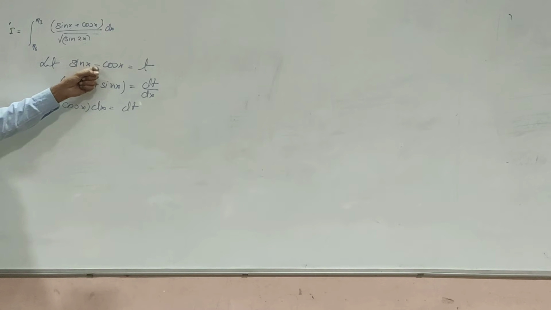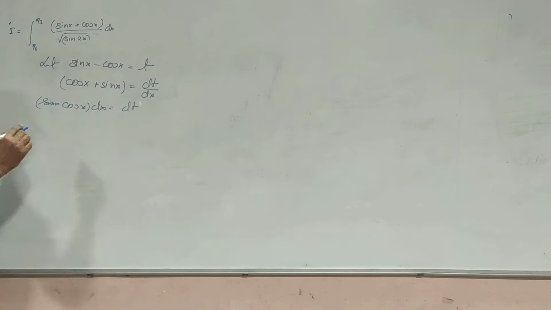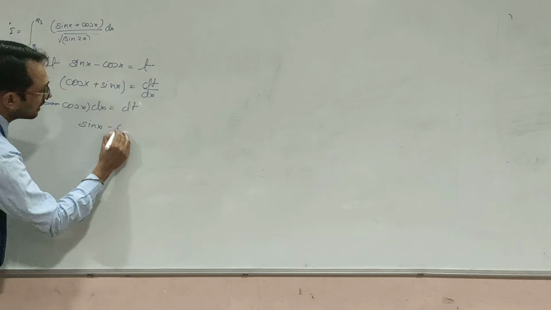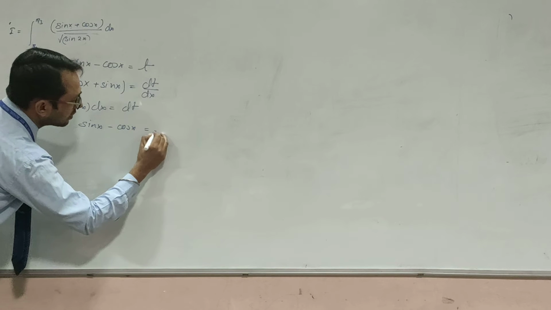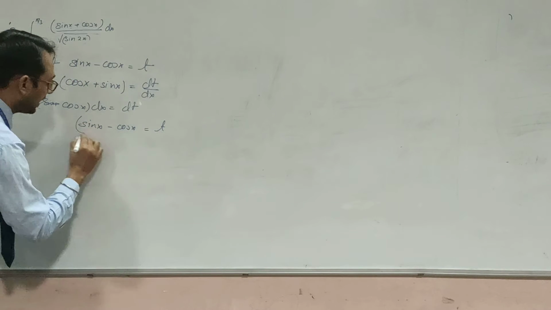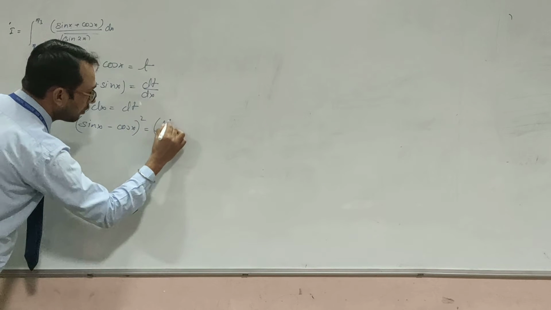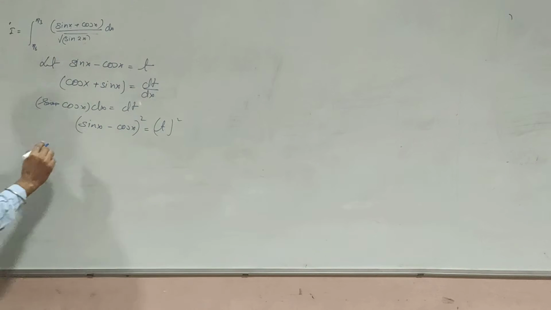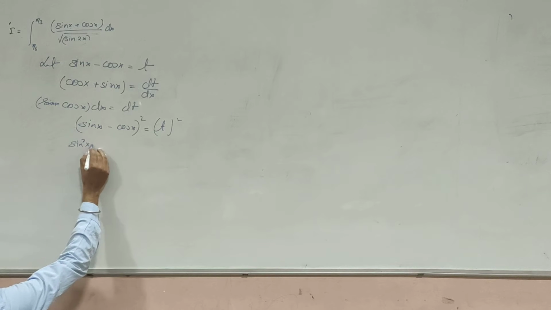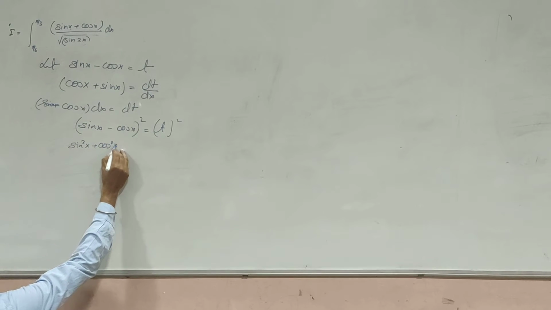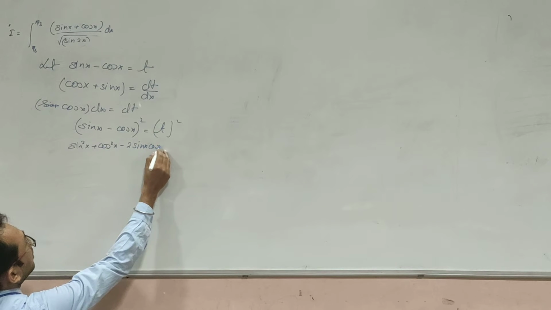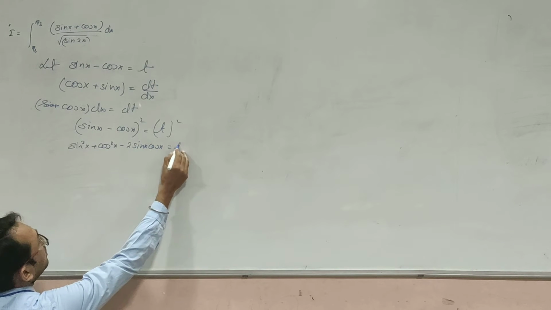Whatever we have supposed, we said that sin x minus cos x equals t. If we make square on both the sides, it becomes sin square x plus cos square x minus 2 sin x cos x equals t square.